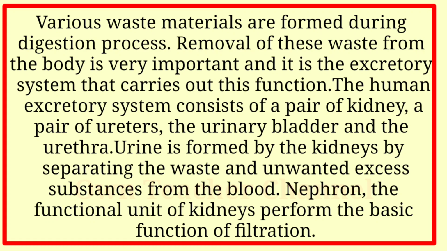The human excretory system consists of a pair of kidneys, a pair of ureters, the urinary bladder and the urethra. Urine is formed by the kidneys by separating the waste and unwanted excess substances from the blood.